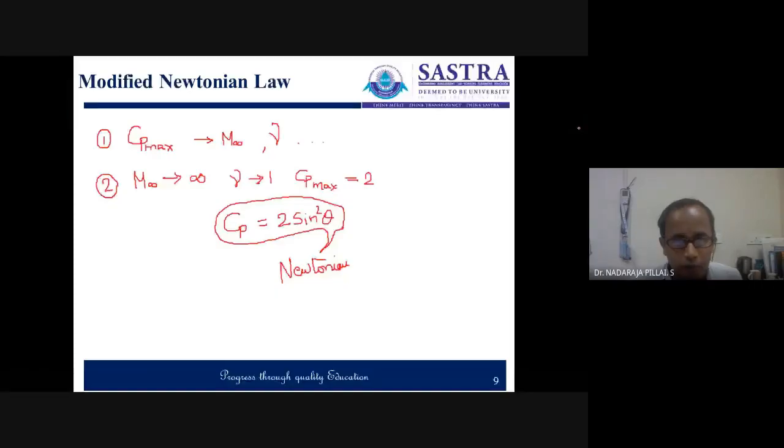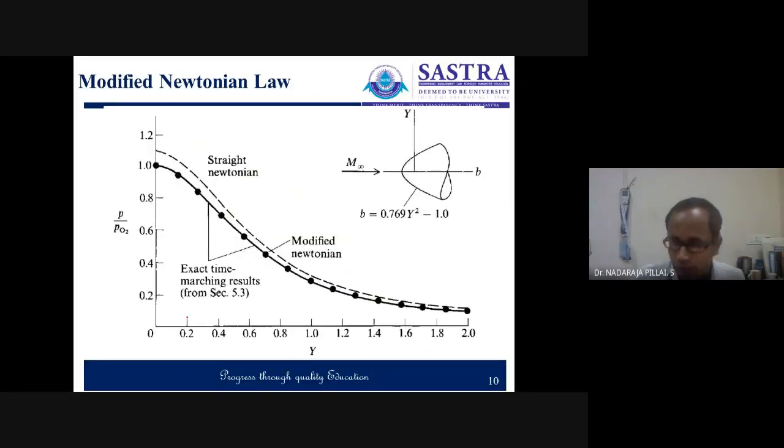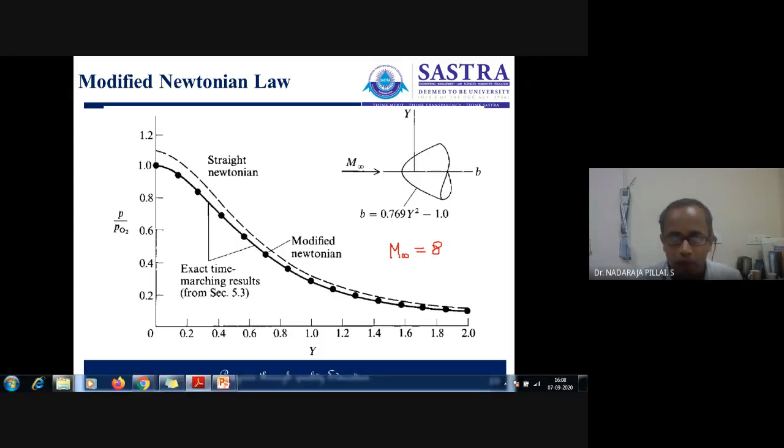Now we can predict the values, say the pressure ratio, and it is plotted here for Mach number M infinity equal to 8. P02 is the stagnation pressure, or the total pressure, and P02 by P is calculated for various locations, where this is y and this is b in the direction of Mach number M infinity.